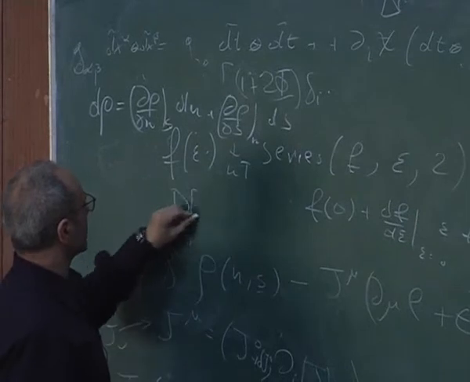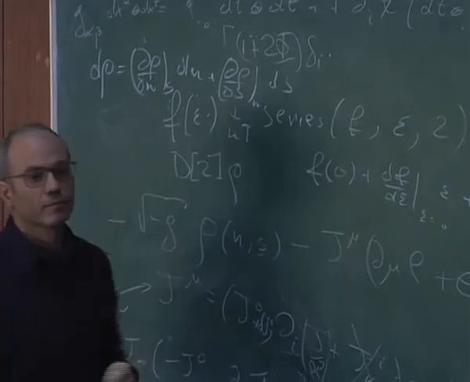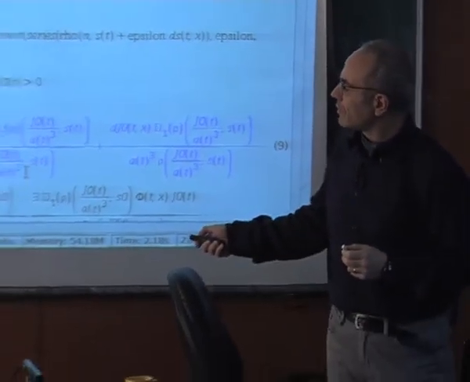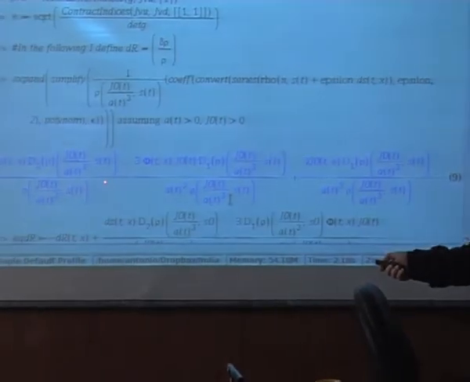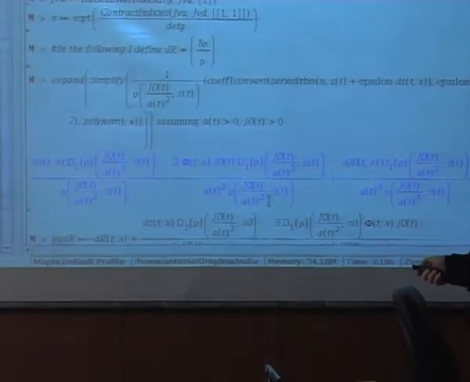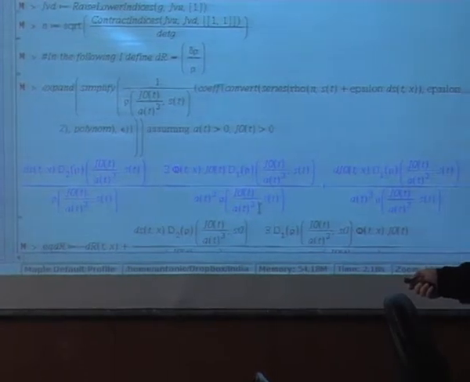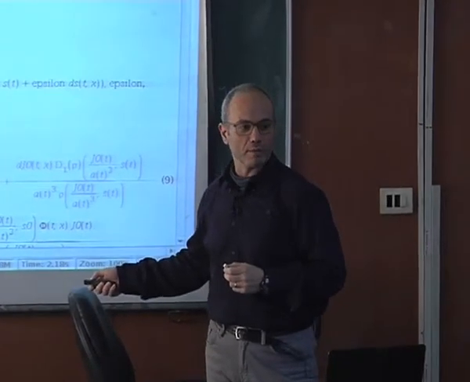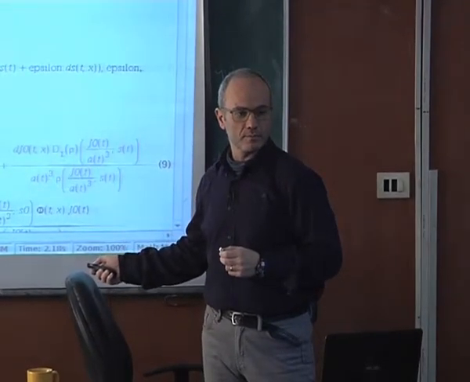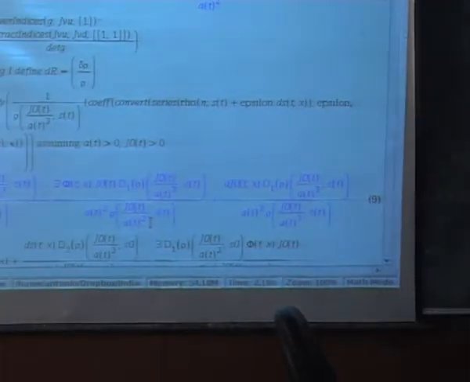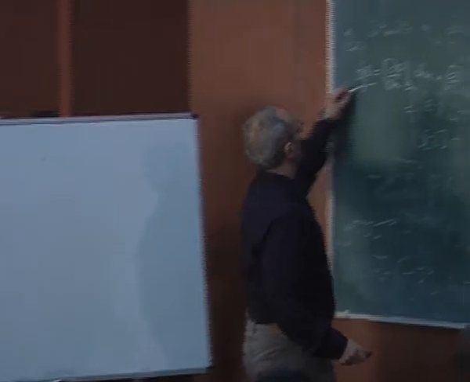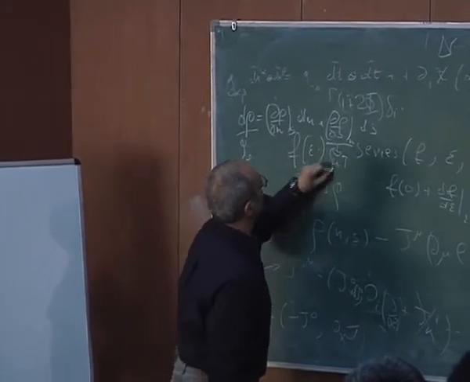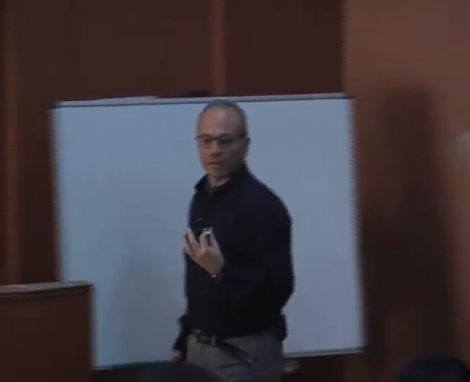Right? This d rho over ds in Maple is d2 of rho, because rho is a function of two variables. So d2 means derivative with respect to the second variable. So this is a partial derivative of rho with respect to s. And then it's divided by rho because I am defining d rho divided by rho. So I divide it by rho of the background. Okay? So this part here is exactly this one, after dividing by the background density rho.